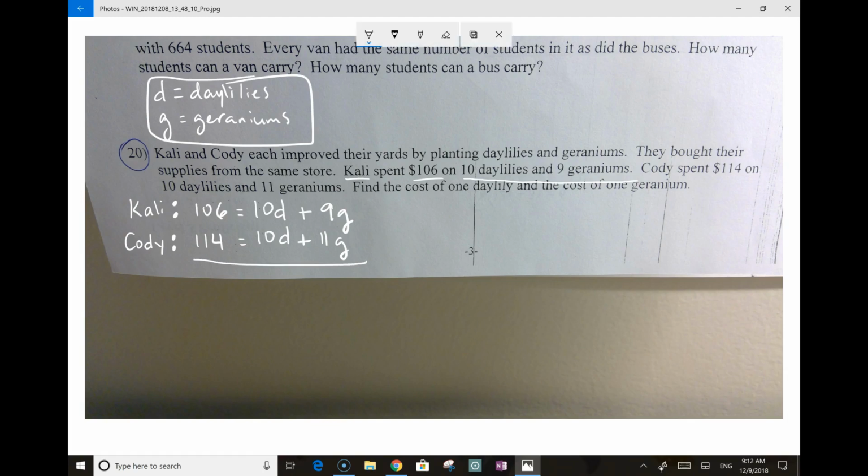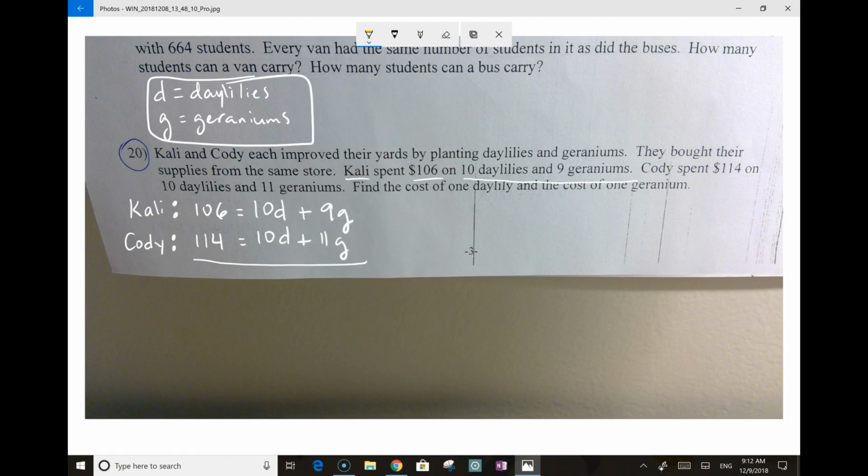And what I have to do once I set up the equations is determine the best way to solve them with the least effort, while I'm still showing my work and demonstrating that I understand the concept. So what I see here is a possibility to use the elimination method.